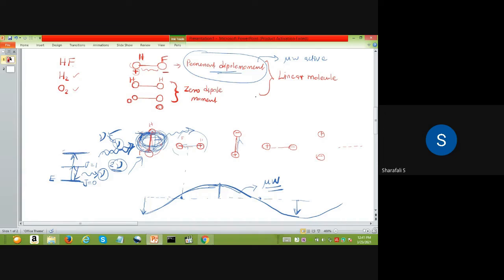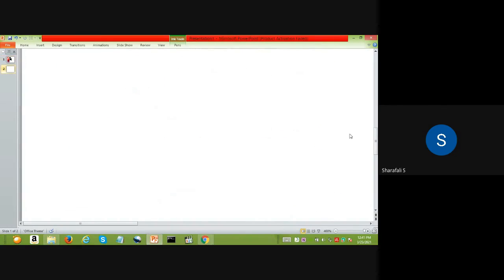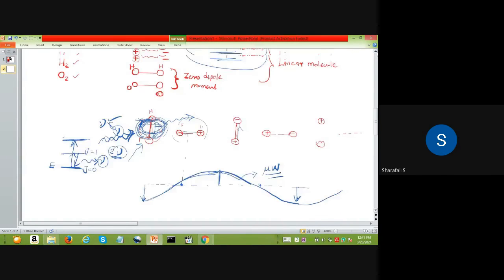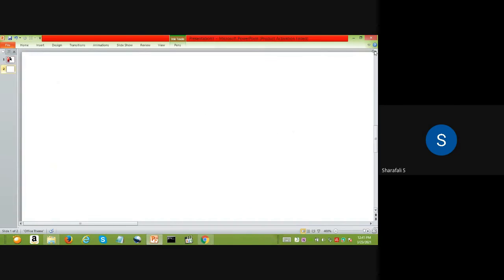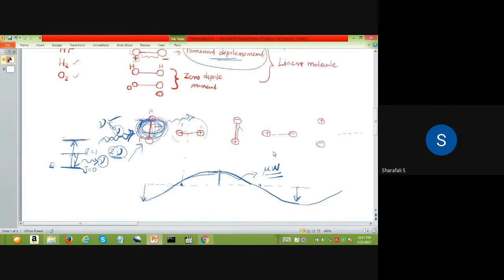And from that rotational spectra, as we discussed earlier, if you study the rotational spectra of any molecule, you get the B value we discussed earlier. This particular hydrogen fluoride is going to give you some frequency output. From that we can calculate the B value.